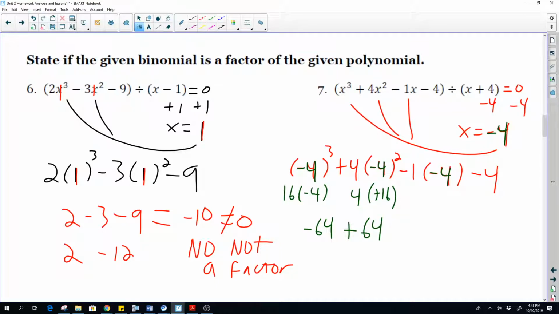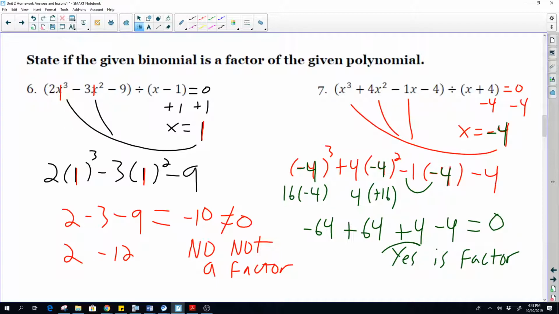Interesting. And then a negative times a negative is a positive. And a minus 4. That's going to equal 0. So yes, it is a factor. Beautiful. Excellent. So you can use synthetic division for this, but this is probably pretty easy too, and just uses what we learned.